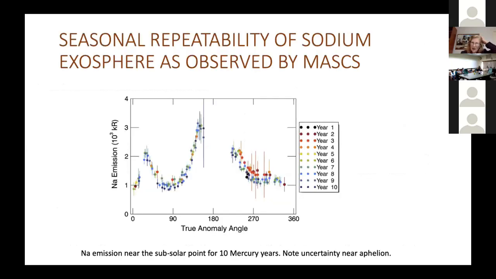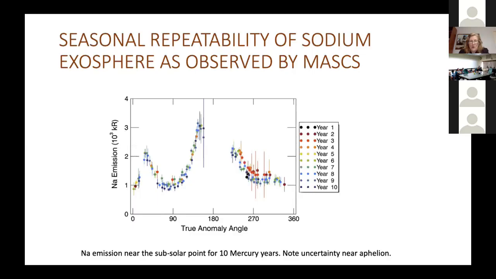So you can see that it's often been seen that there's a seasonal repeatability of the sodium exosphere, but in my opinion, this is not properly reduced because a lot of the variation you see here is just the G value.